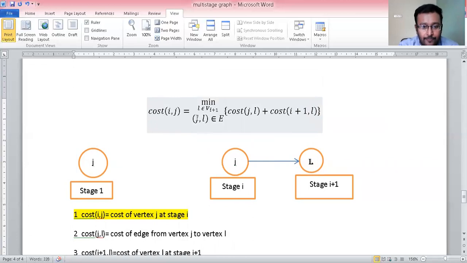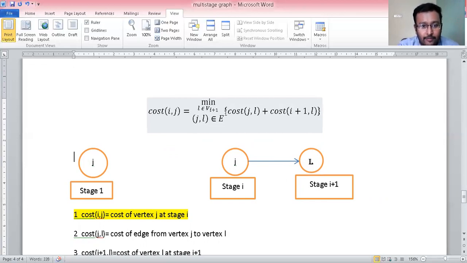So in your formula, you should be very concerned about these two different things. Once again I'll tell you the formula. The cost of the vertex j at stage i is equal to: find a vertex L which belongs to stage i plus 1, and there should be an edge from vertex j to vertex L, where vertex j belongs to stage i and vertex L belongs to stage i plus 1.